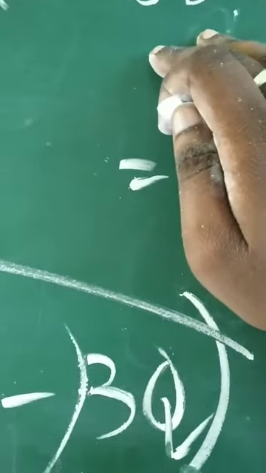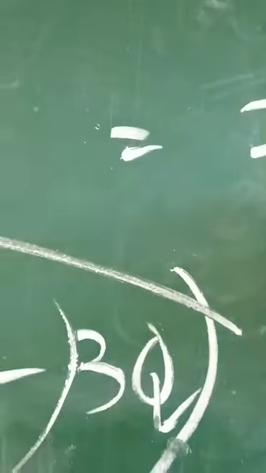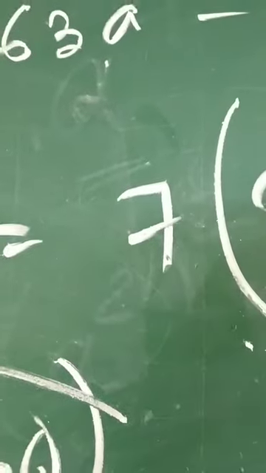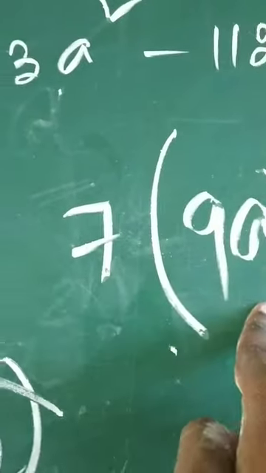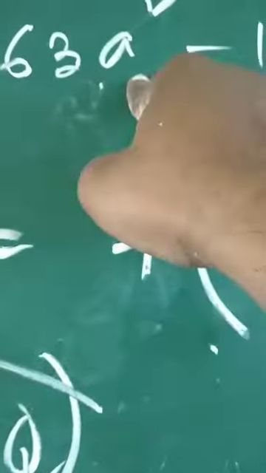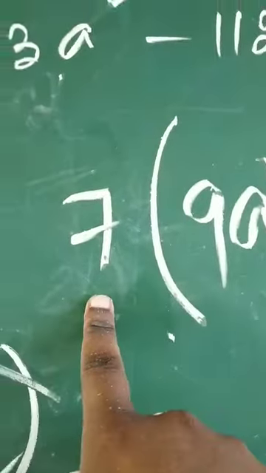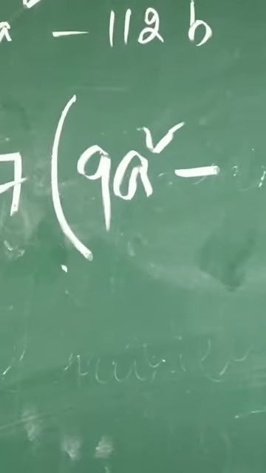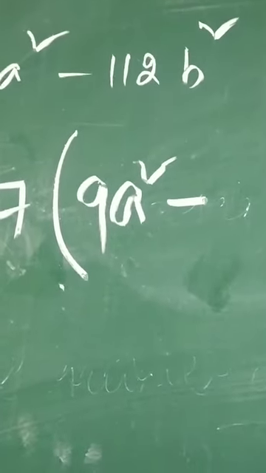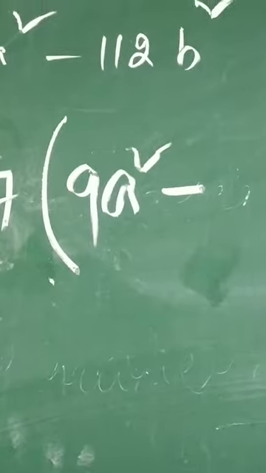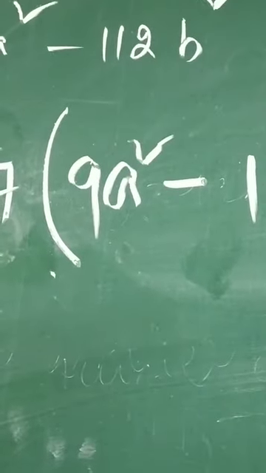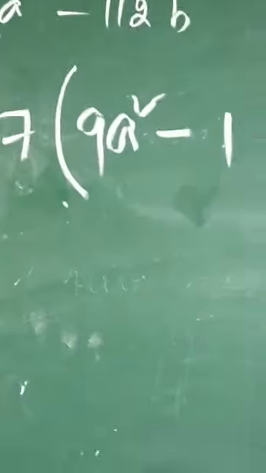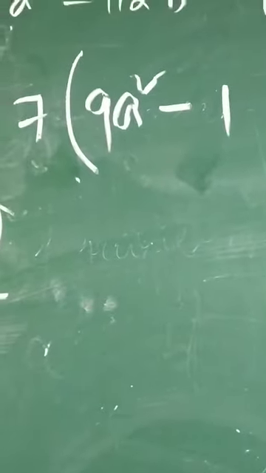What can be taken as common? If I take 7 away from 63a square, it's becoming 9a square, because 7 into 9 is 63, a square. I'll take 7 away from 63a square minus... If I take away 7 from 112, what remains? No, it's not coming. So what can we take?